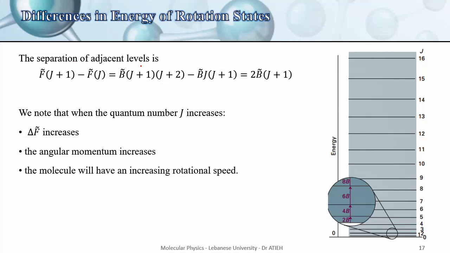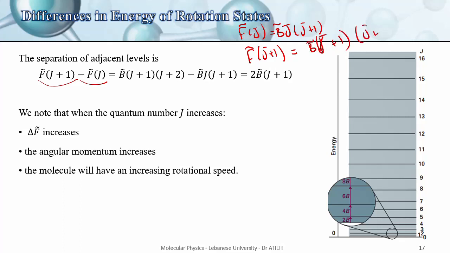So the separation of adjacent levels can be found by subtracting F(J+1) minus F(J). So if F(J) is equal to BJ(J+1), then F(J+1) is equal to B(J+1)(J+2), I have to add 1 to J. So we will arrive to this form for F(J+1) and this for F(J). Subtracting them, we will get 2B(J+1).